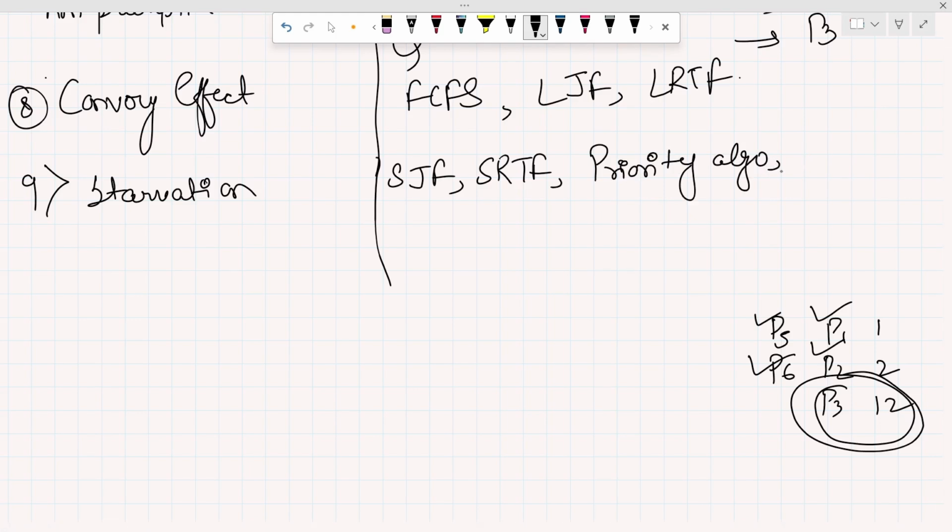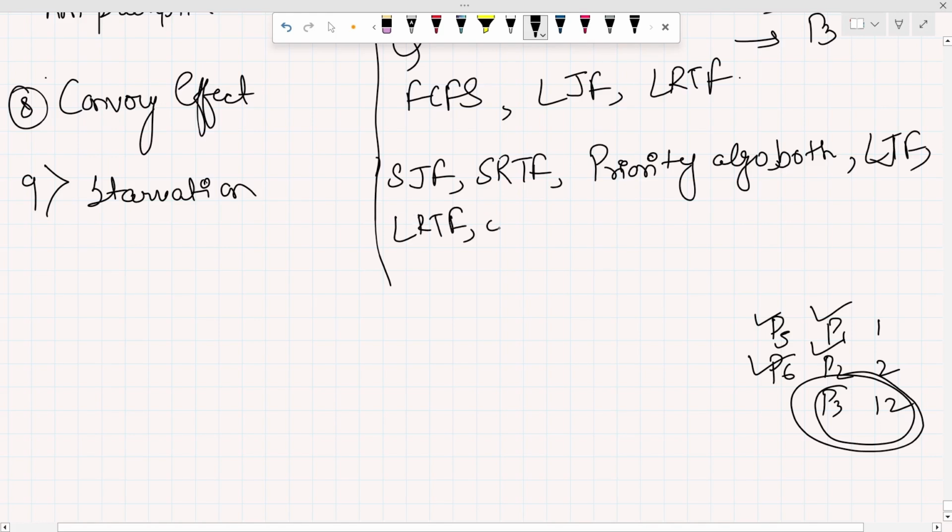Priority is basically of two types, preemptive and non-preemptive, so we can write both. And LJF, largest job first. If LJF, then LRTF as well, and many more algorithms in which starvation takes place. But these are the primary examples of starvation.